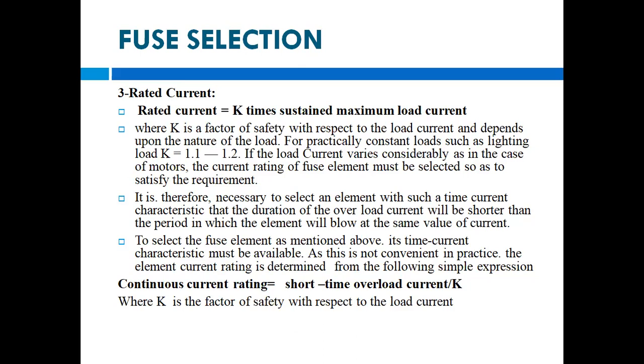Now if we consider constant loads, such as lighting loads, then for such loads this K, the factor of safety, varies from 1.1 to 1.2, which means it is almost constant.